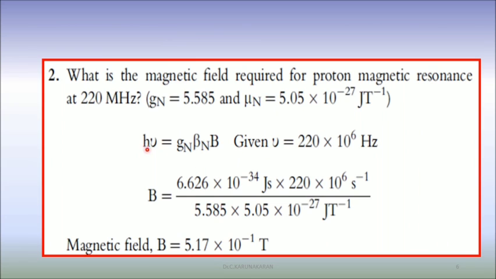In this equation, if you know nu, you can calculate B. If you know B, then you can calculate nu. In this case, they have asked to calculate the magnetic field required for proton magnetic resonance. Nu is given and they have asked for B, similar to the previous problem.